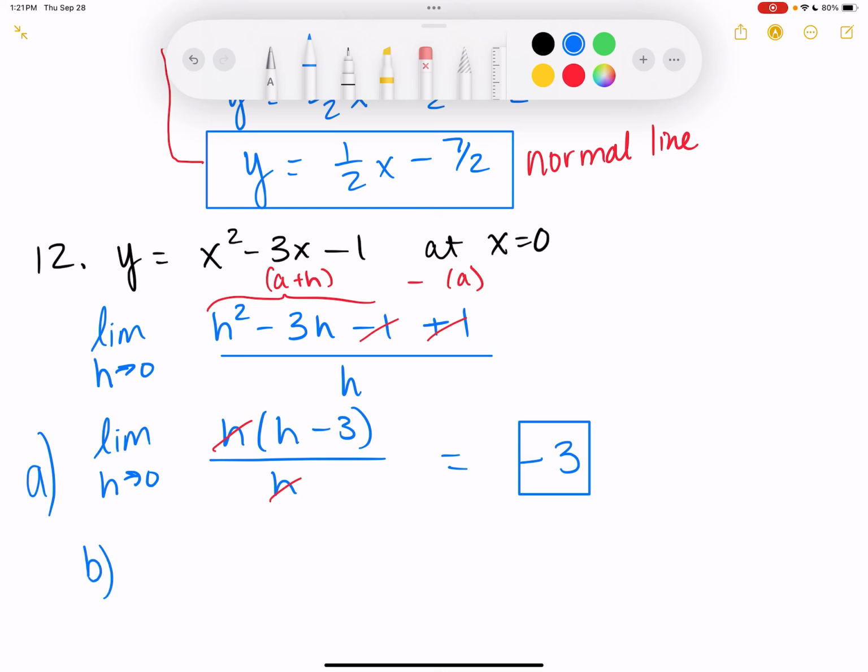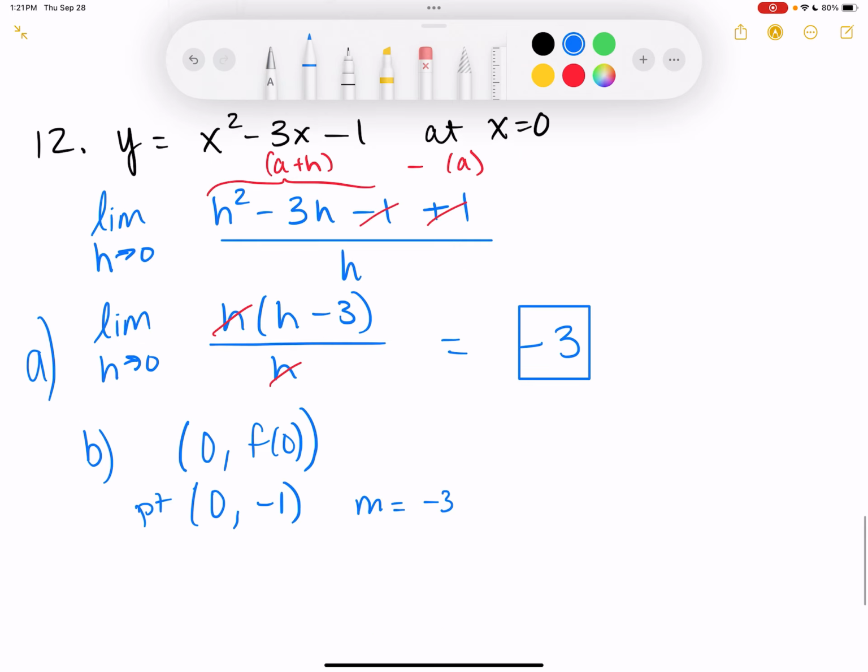For part B, I'm evaluating at the point 0 and f of 0. If I plug in 0, I get negative 1. So that's my point, and my slope is negative 3.